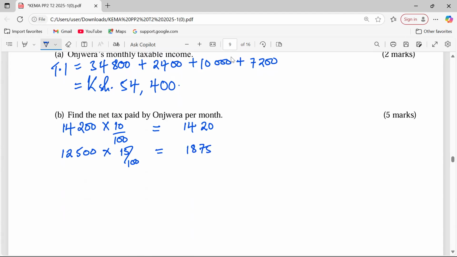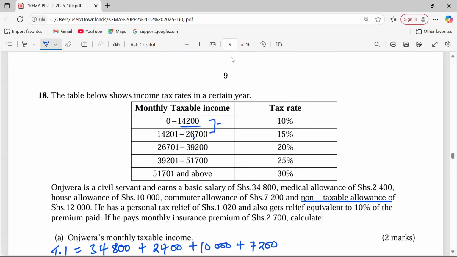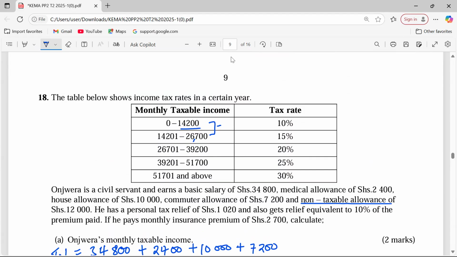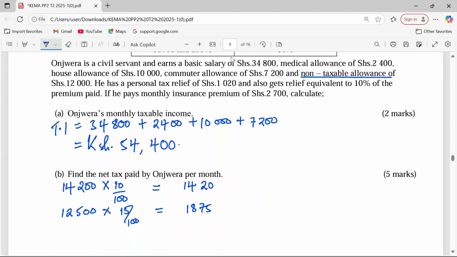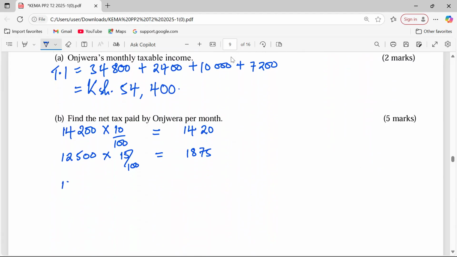Kenya shillings. Then in the next bracket, which is the third bracket, we talk of 39,200. We subtract the previous limit of 26,700, and this will give us the same amount, 12,500. This one now is being taxed at the rate of 20% per month, giving us a tax of 2,500.